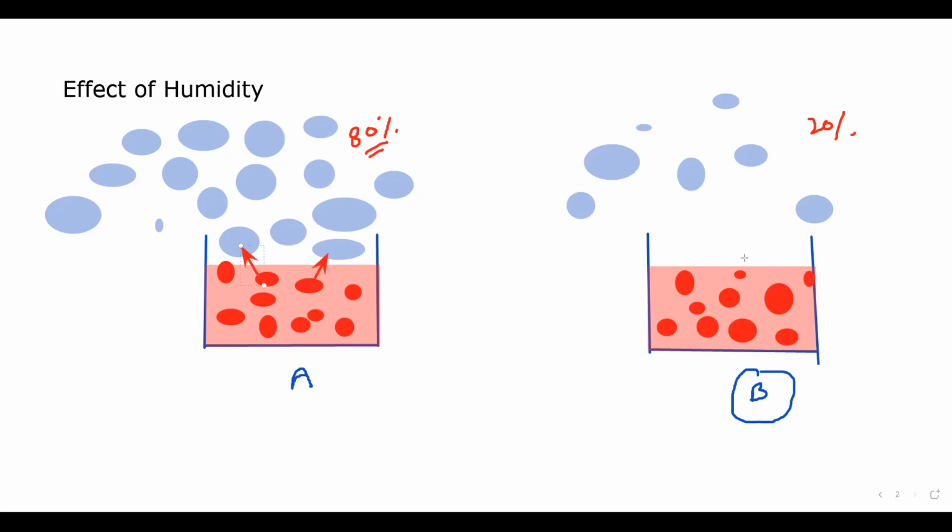But because of less humidity, the particles have enough space, because there are fewer water molecules in the atmosphere. So a greater number of particles can come out. So the rate of evaporation in a humid condition is slower compared to a dry condition. Is it clear how humidity affects evaporation?